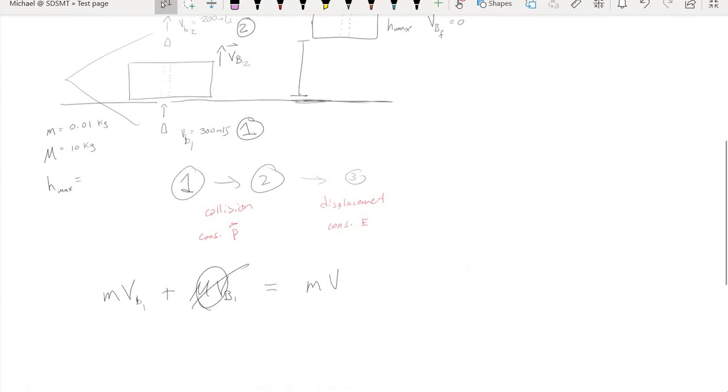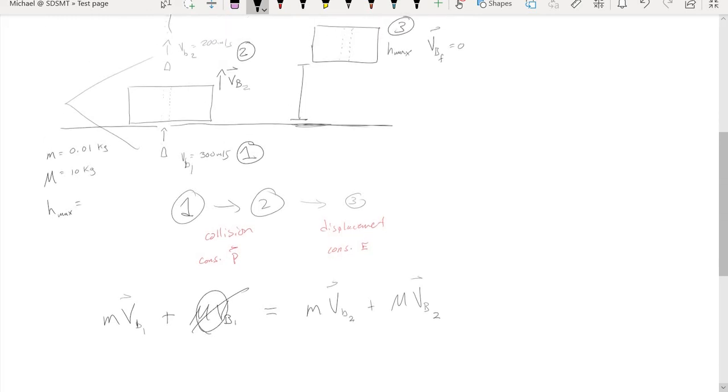All right, so just to recap, at site 1 we have mass of bullet, velocity of bullet at site 1 plus mass of block, velocity of block at site 1, which is 0, equals, so now we're after the collision, so we're at site 2, and we have mass of bullet, velocity of bullet after the collision, plus mass of block, velocity of block after collision.